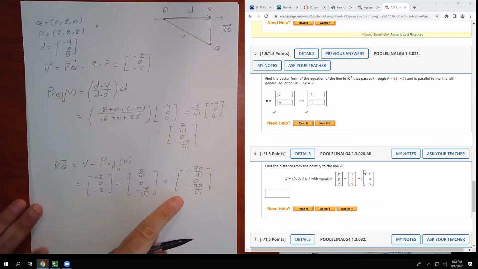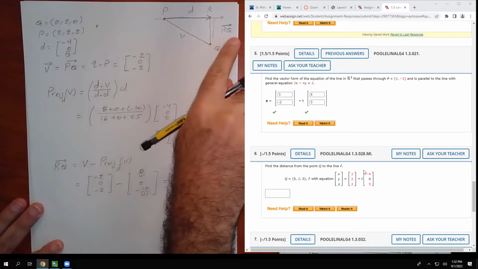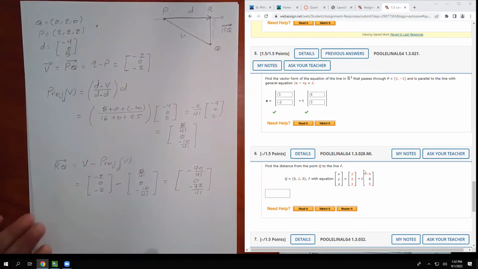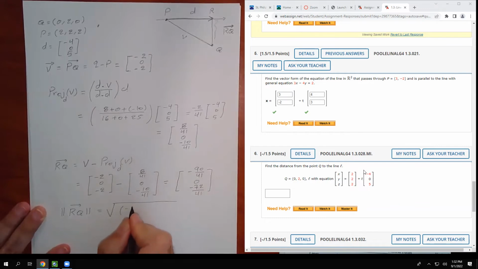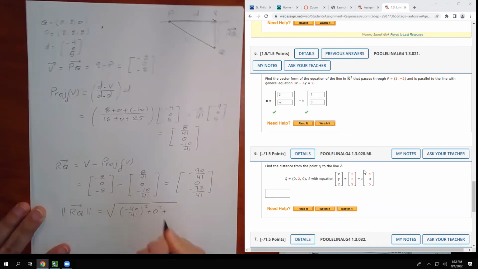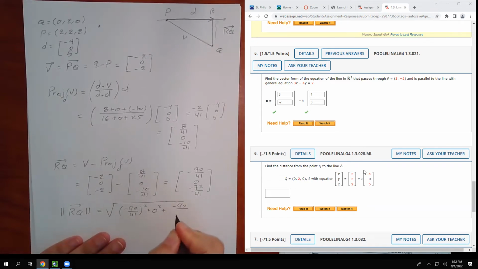So this is the vector. I found the vector RQ. I need to find the distance. That means the length of this one is going to be the distance. So the length of the vector RQ is going to be the square root of the first component squared, plus 0 squared, plus negative 90 over 41 squared.